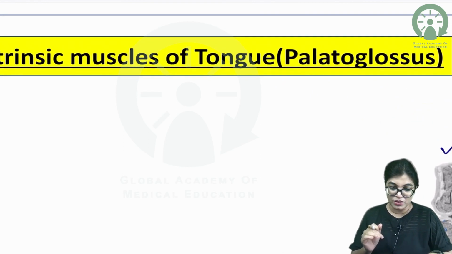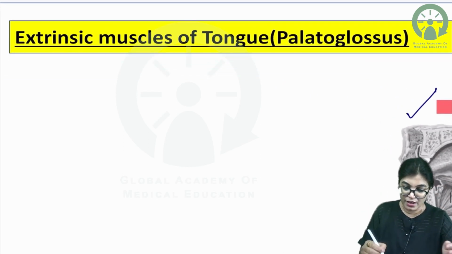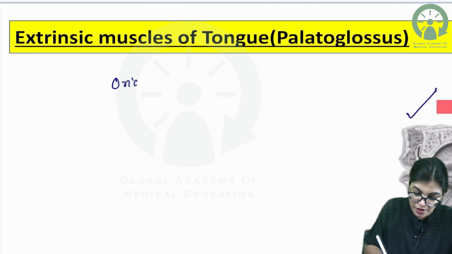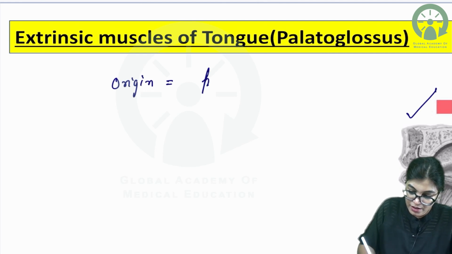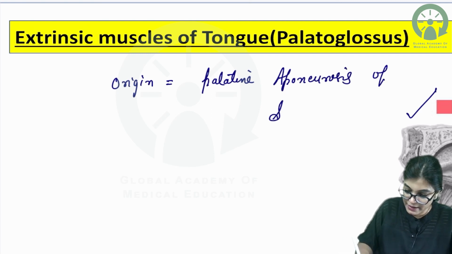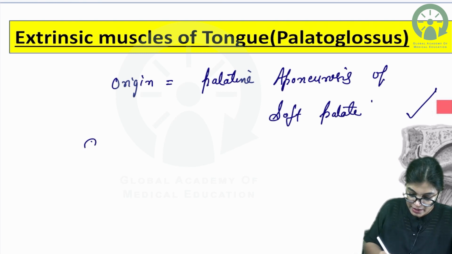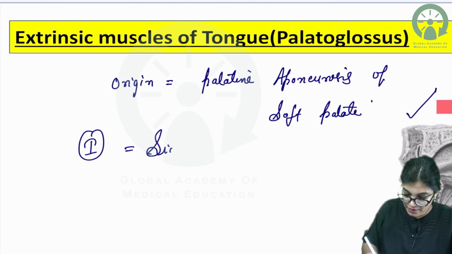So, write down palatoglossus muscle. The palatoglossus muscle originates from the palatine aponeurosis of the soft palate, and inserts into the sides of the tongue.